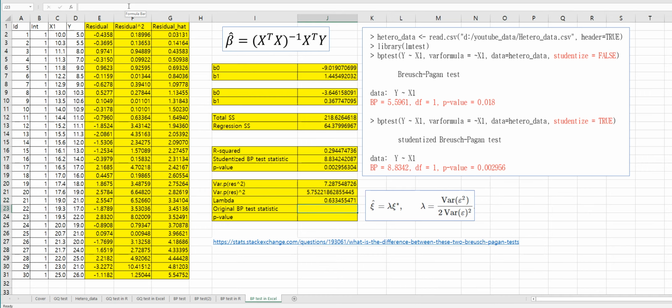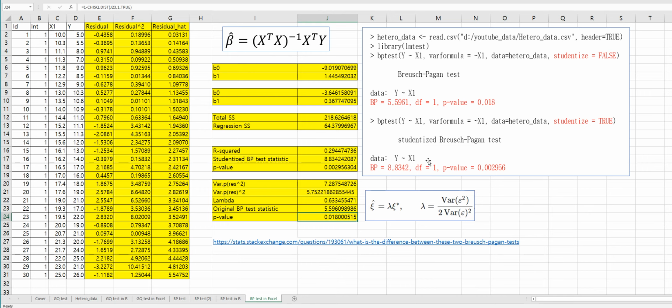Right. Then original BP test statistic can be calculated by studentized BP test statistic multiplied by lambda value here. So this is same as this one, and p-value 1 minus chi-square distribution original BP test statistic, comma 1, comma true. Right, this is same as this one.